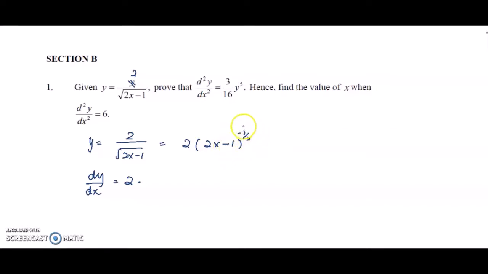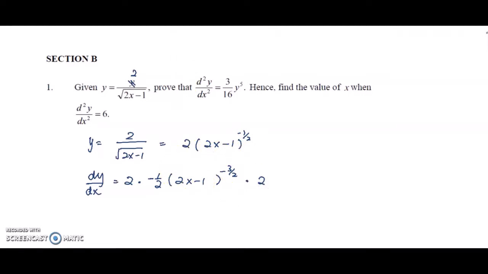To differentiate the power of negative 1 over 2, you bring down the negative 1 over 2, and then the power of negative 1 over 2, you deduct by 1. You get a negative 3 over 2. What is inside this bracket, you just put into your bracket. And then lastly, you differentiate the inner layer, that is 2x minus 1. Differentiate 2x minus 1, you get 2.